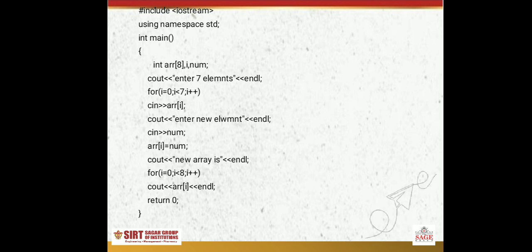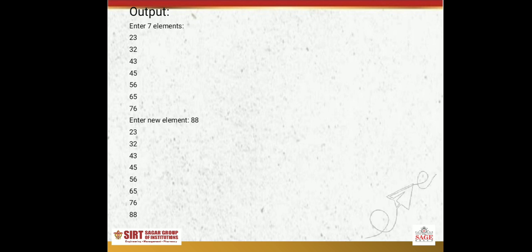As the new element has been inserted into the array list, this for loop will give you the new array list. And then in cout we are going to put the value array of i, and you will get the new list. Let's see the output.